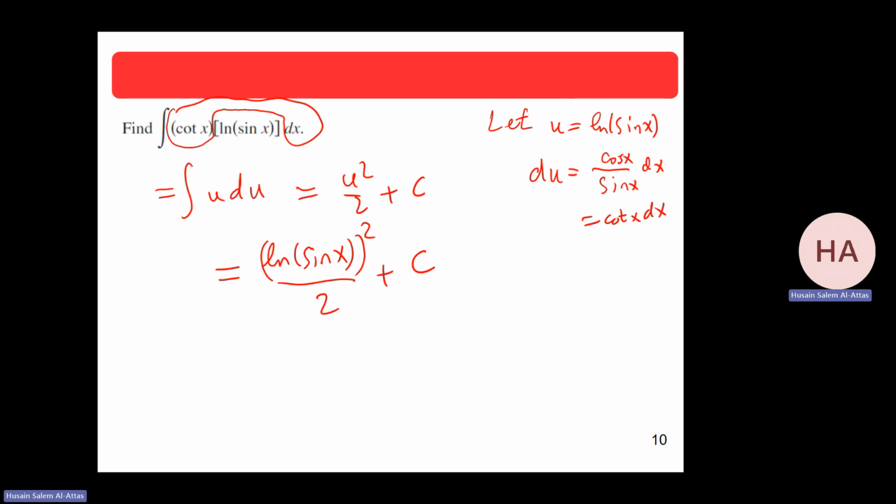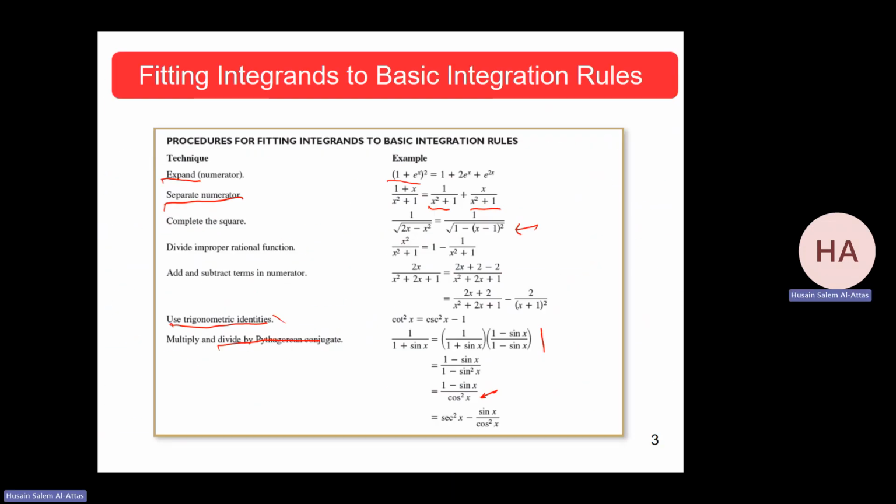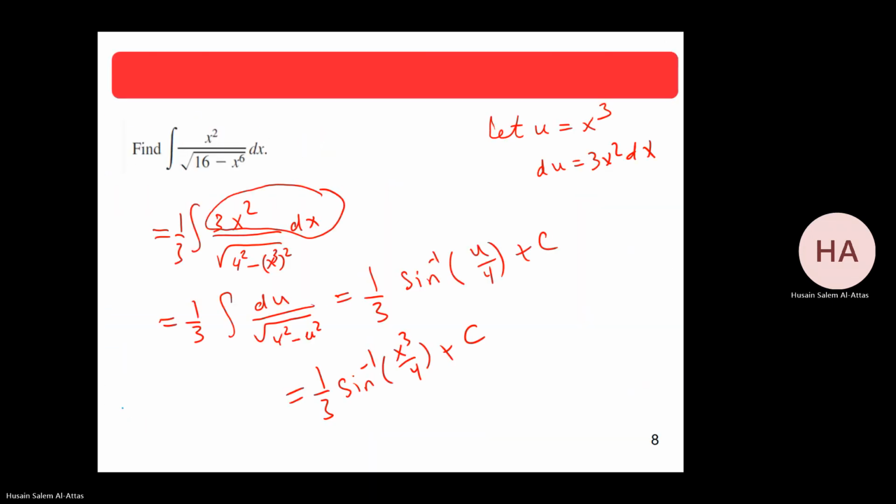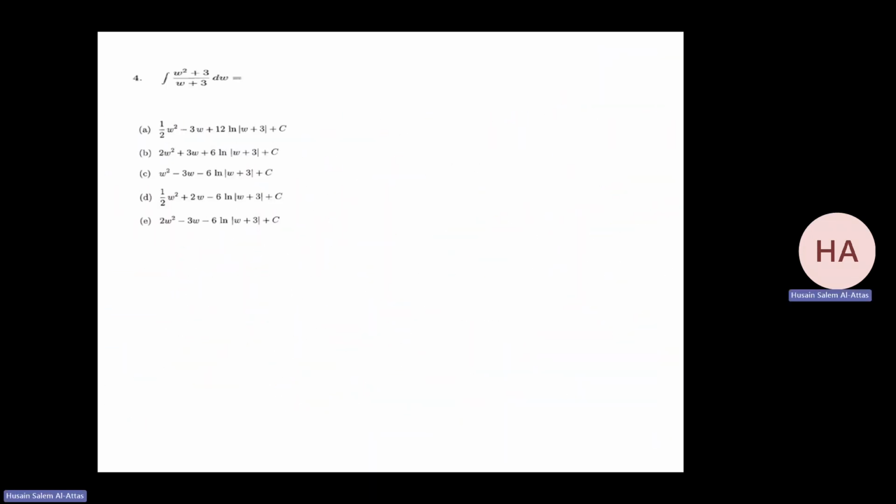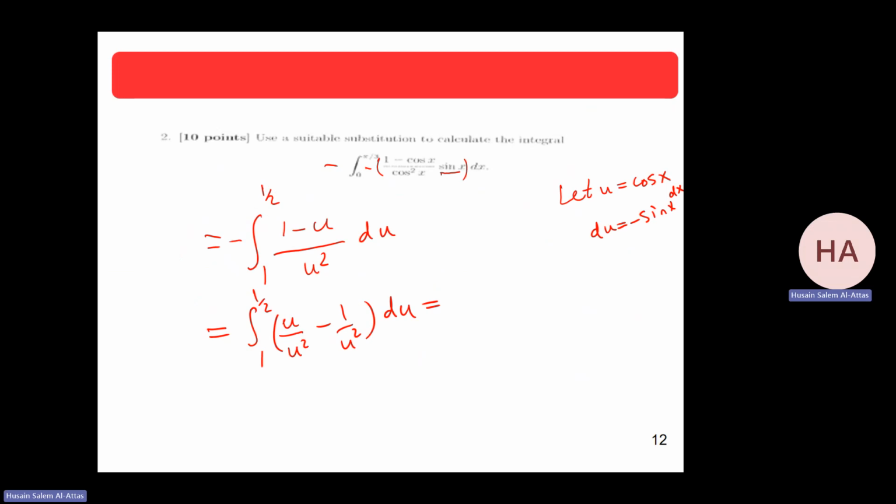As we said before, sometimes we can separate the numerator, or you can do it quickly, actually. Don't forget the minus sign. Or instead of forgetting the minus sign, make this from half to 1. Interchanging the limits is like multiplying by minus, which will cancel it. So I have the integral from half to 1 of 1 over u plus 1 over u squared.